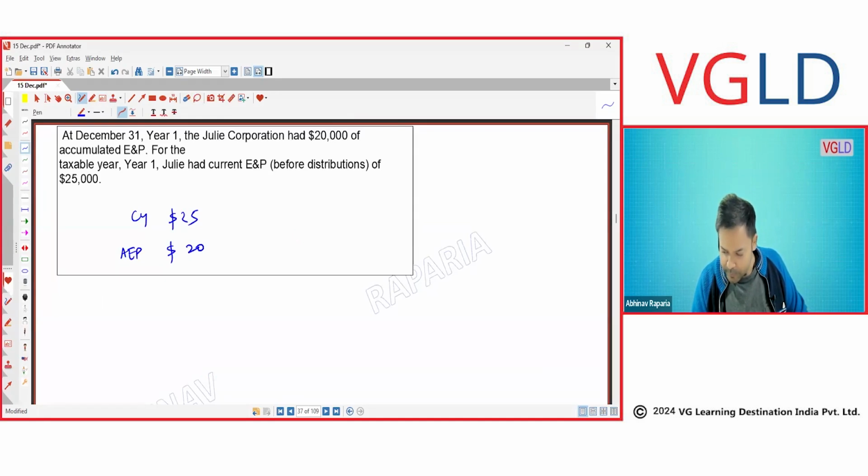If I'm saying that whatever distribution amount you're making, let's say for convenience I'm taking it as basis 0. If I'm saying my distribution amount is less than 25,000, guys, then will you have a dividend here?